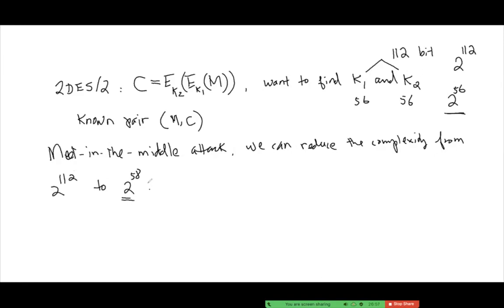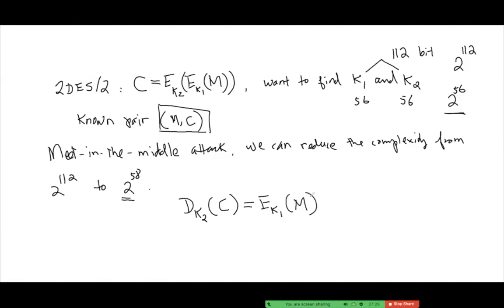Let's say I have a known pair M, C. That means D_K2 on C should be equal to E_K1 of M.